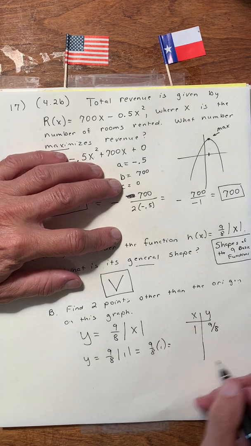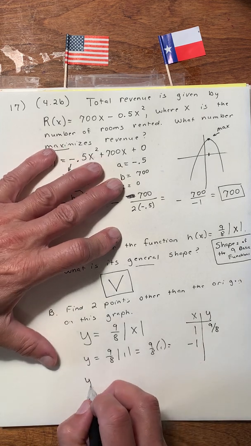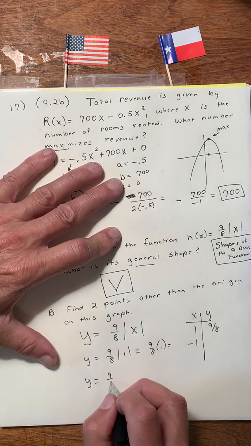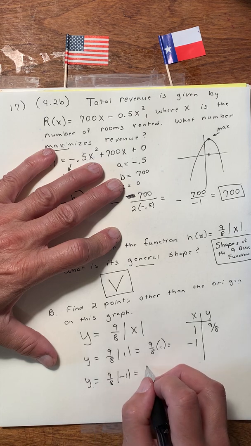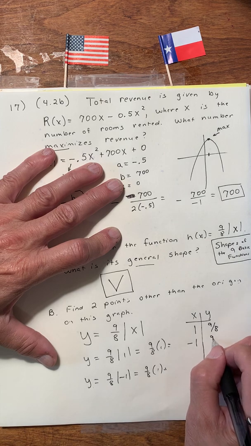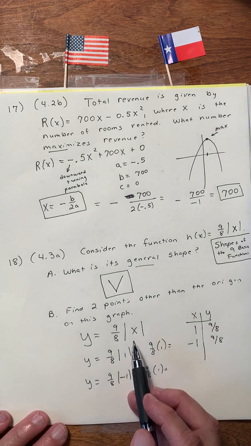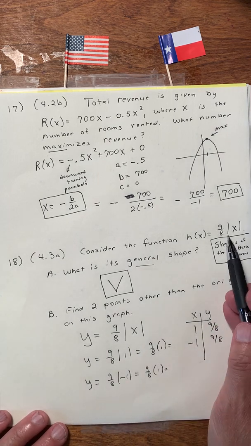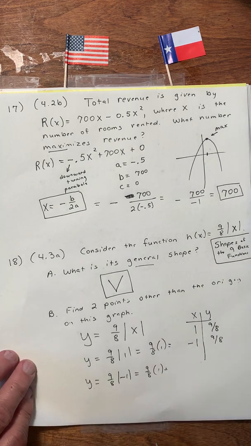How about if I pick -1? Y equals 9/8 times the absolute value of -1 equals 9/8 times 1, which is, goodness, it's 9/8 again. That was easy enough. But just pick something easy that will allow you to evaluate the absolute value function and multiply it by 9/8.